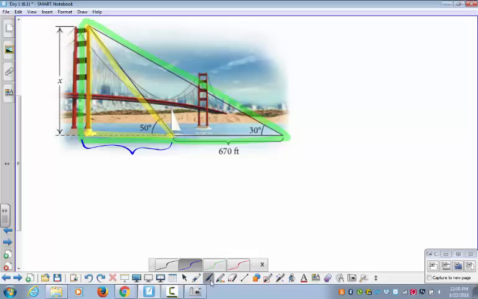We've already used an x, they're using x for the height. Let's just call it y. Why not? X and y. You can call it whatever you want. It feels funny putting y on the horizontal and x on the vertical, but they started it, not me. In that yellow triangle, using the tangent function, we have tangent of 50 degrees is equal to x divided by y. So there's one equation with two unknowns.